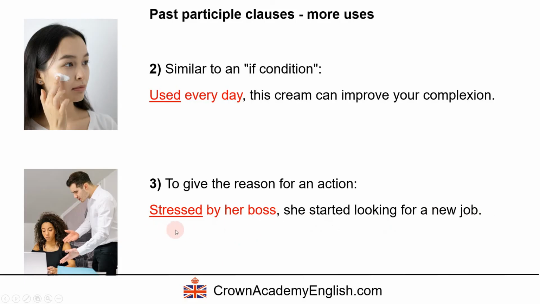Since she was stressed by her boss, she was stressed, so that means it's the passive. And in the short version, with a past participle, we simply say the word stressed. Stressed by her boss, she started looking for a new job. And this is the past tense, therefore the whole thing happened in the past. Okay?